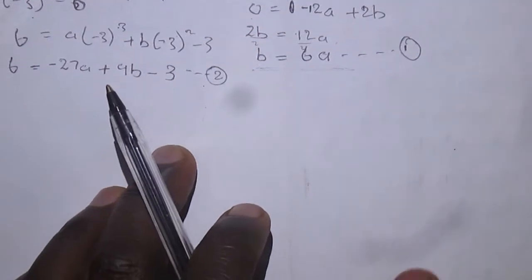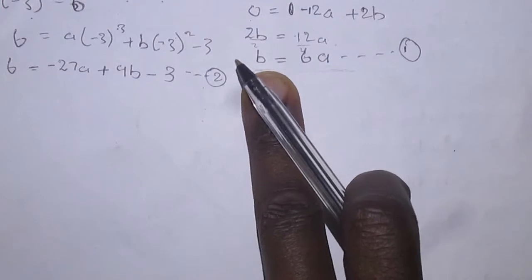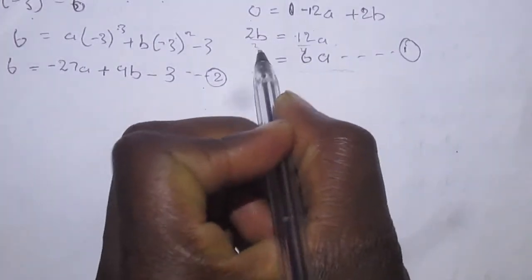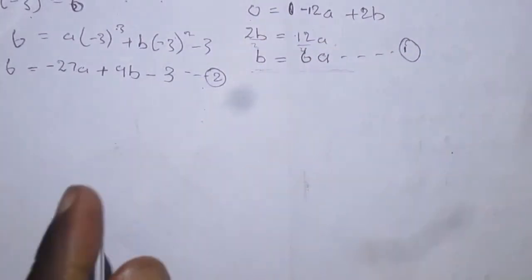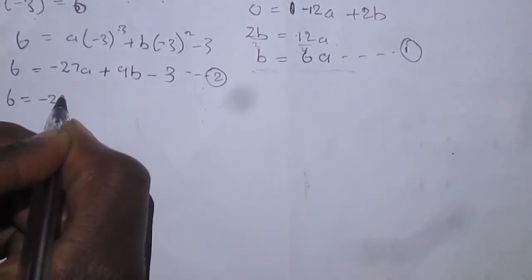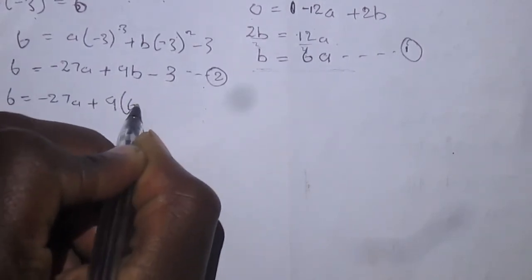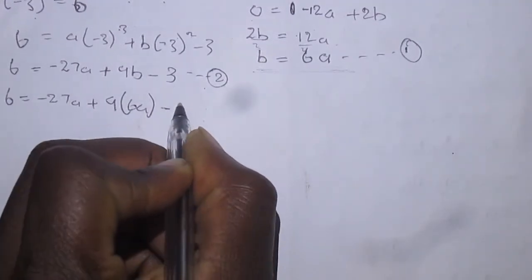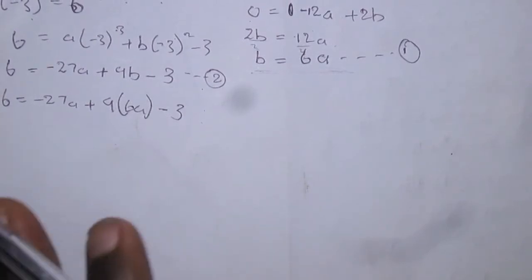Now b is equal to 6a. Wherever I see b in this equation, I substitute 6a. So 6 is equal to minus 27a plus 9 times 6a minus 3. Now I no longer have b, I only have a's.